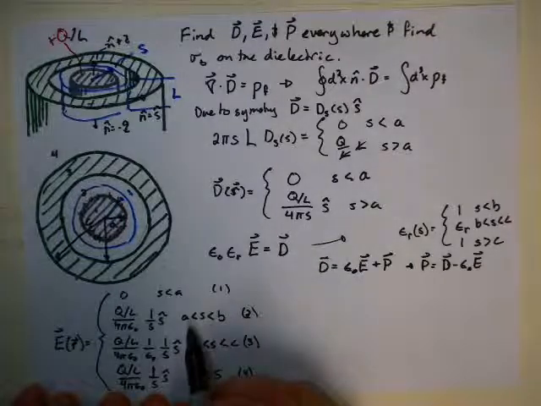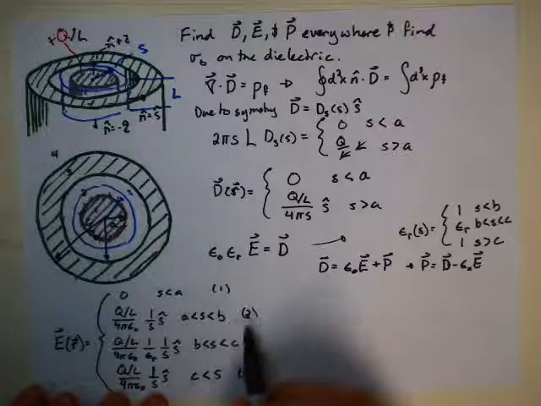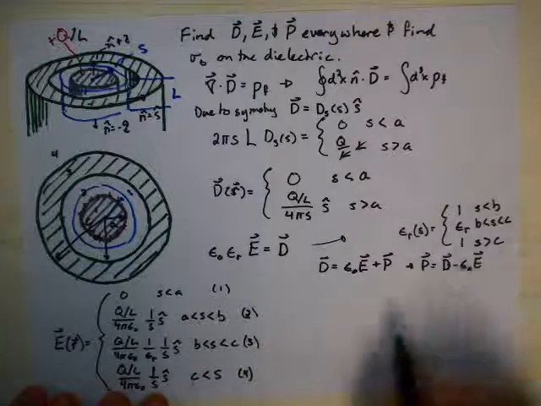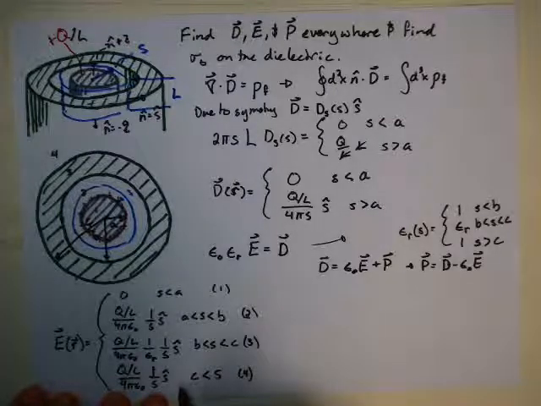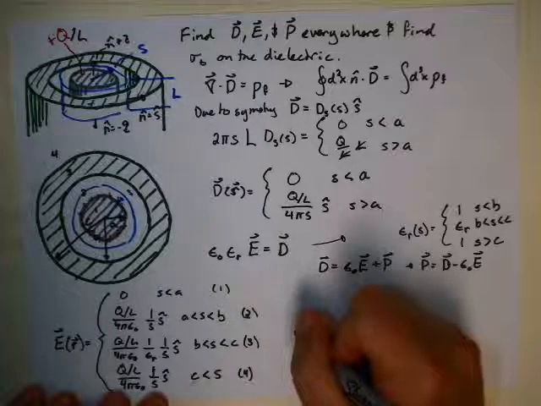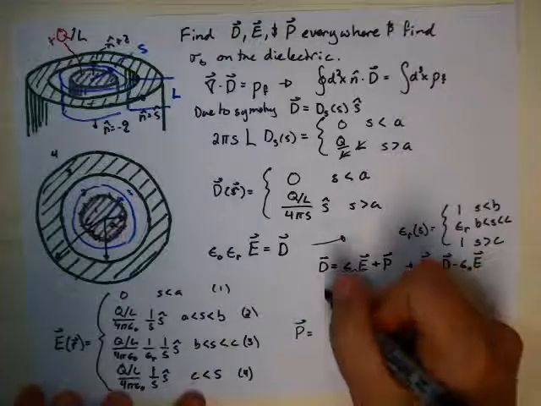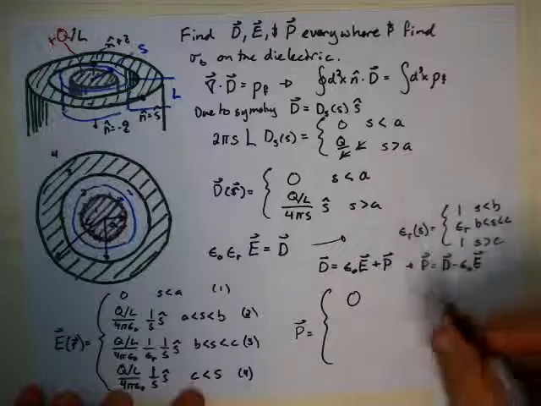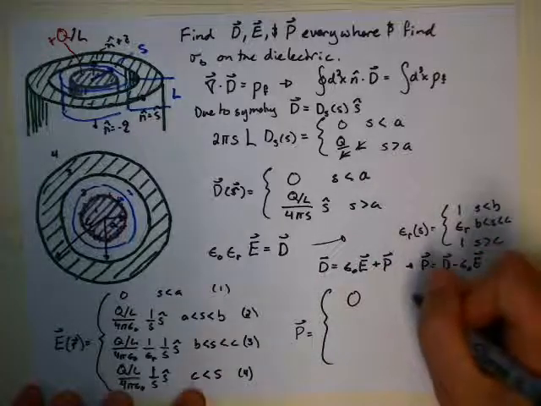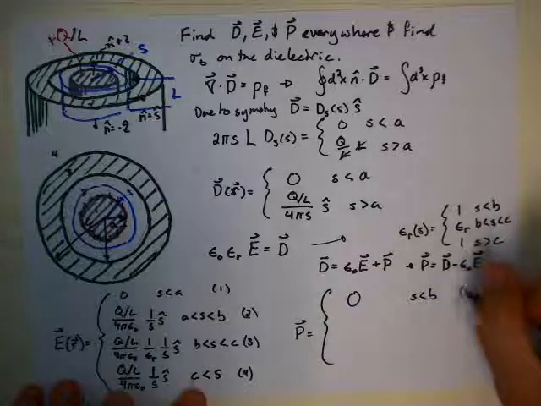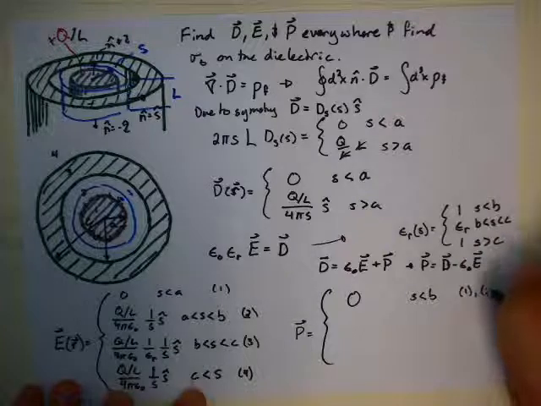So in regions 1 and 2, I'm going to get 0. These two are going to exactly cancel. Same in region 4, but in region 3 I'm not going to get 0, so just go ahead and write out what I have. And so P is going to be 0 for S less than B, which are regions 1 and 2.